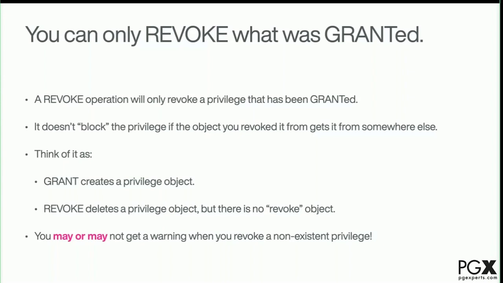So the way of thinking is that grant creates a privilege object, revoke deletes that object, but there is no revoke object. If you revoke a non-existent privilege, you may or may not get a warning. Sometimes it'll give you a warning, depending on the precise situation. But sometimes it'll just say, "Okay, done," and then you discover you have a surprising state afterwards.